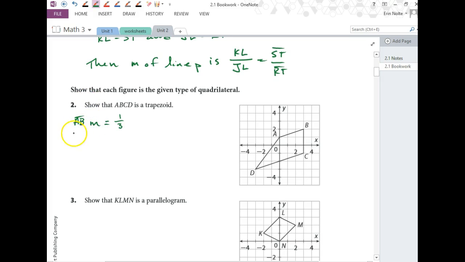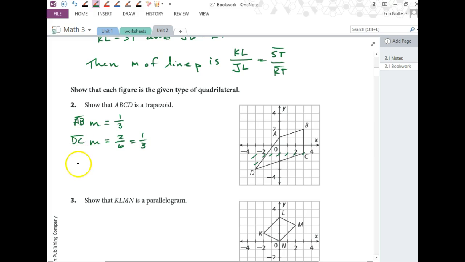Okay, and from D to C, the slope is equal to up 2, over 6. So what can we say about 2 over 6? That is 1/3. Okay, so now we can say since AB is parallel to DC, then you have a trapezoid.